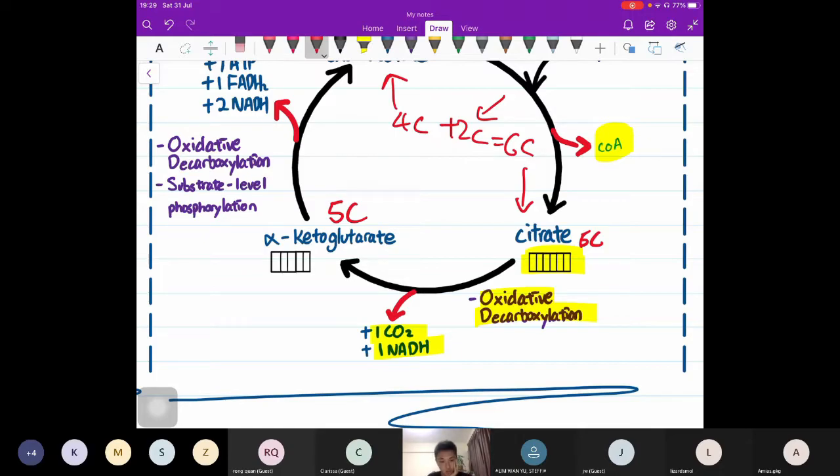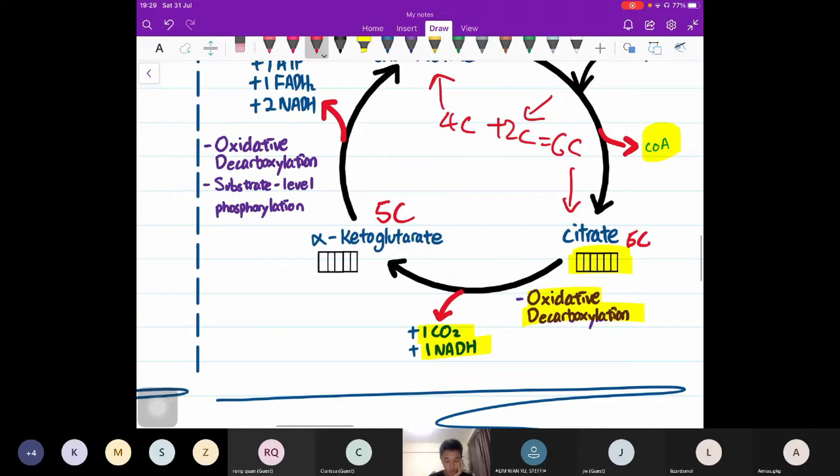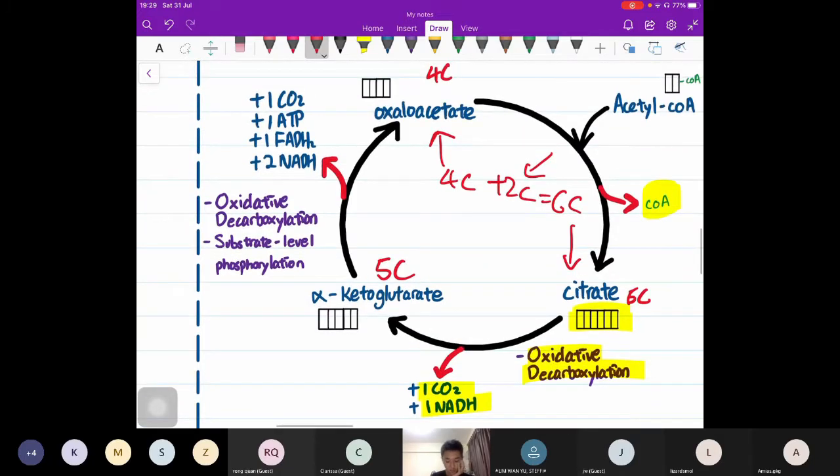Then from citrate to alpha ketoglutarate, which is a 5-carbon compound, the alpha ketoglutarate has to undergo oxidative decarboxylation to form oxaloacetate, the compound we started with. It's a 4-carbon compound and this is a 5-carbon compound. There's only one way carbon can be lost, as CO2, which is decarboxylation. Oxidative decarboxylation, therefore you have NADH as well.